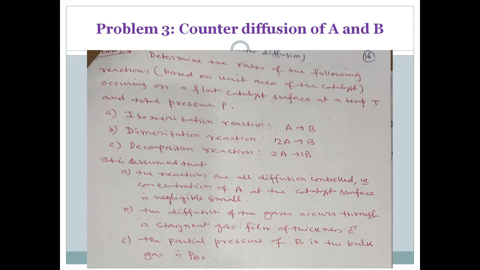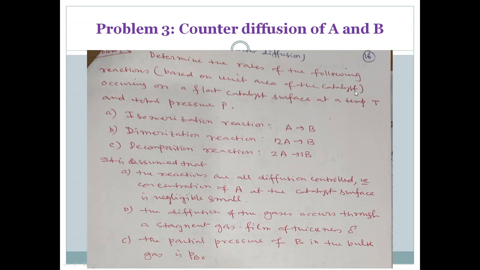Now, the next problem, that is counter diffusion. Determine the rate of the following reactions based on unit area of the catalyst.